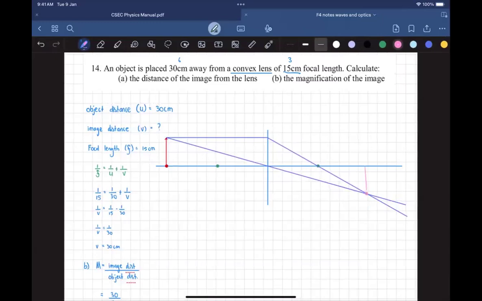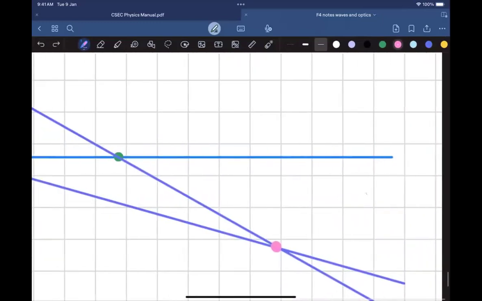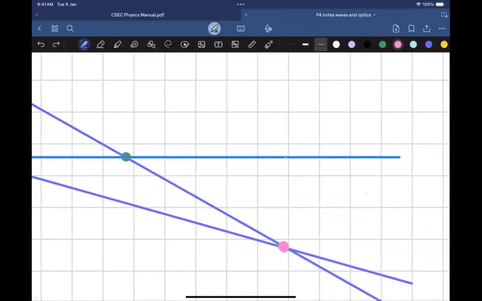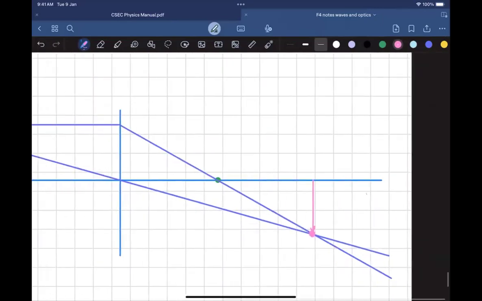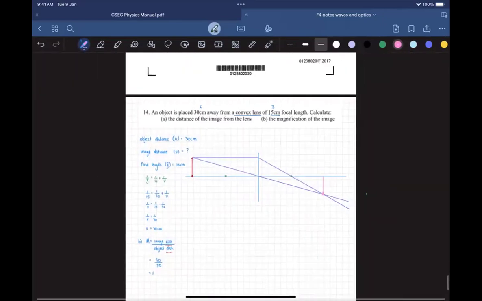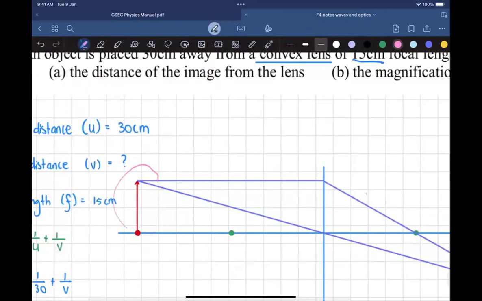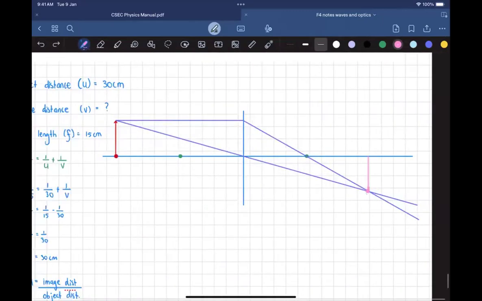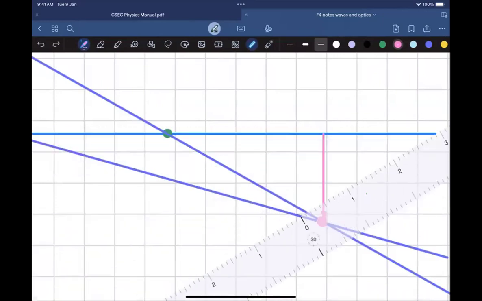Let me observe this. So Nicholas, you said that this was 1.5 centimeters. Let me check this out.